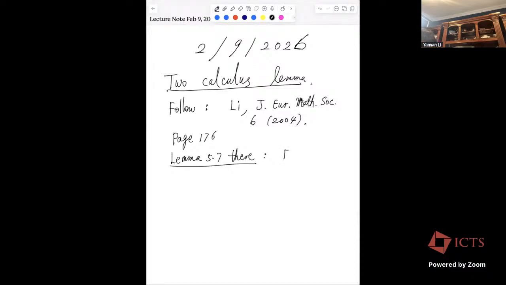So for n greater or equal to 1 in R^n, and nu a real number. So let f, which goes from R^n to minus infinity to infinity, satisfying the condition.